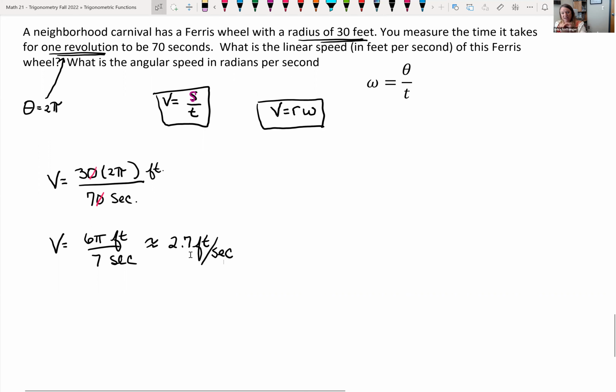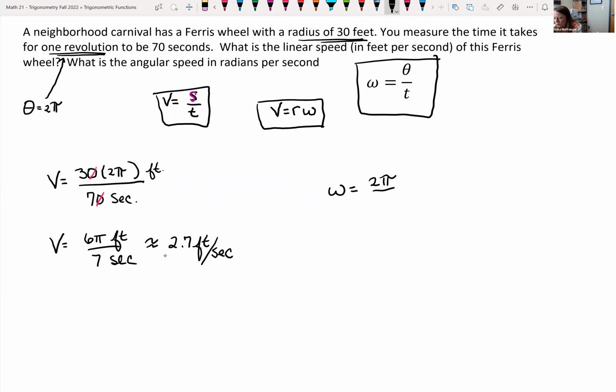So we want to know how fast that angle is rotating. And so we're looking at omega, the angular speed. This is equal to theta, which we know for one revolution is 2 pi, over the time, which is 70 seconds.